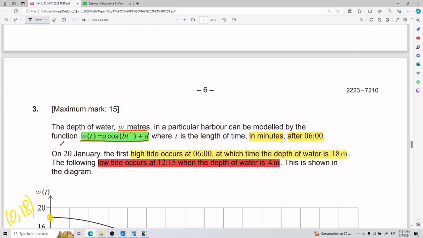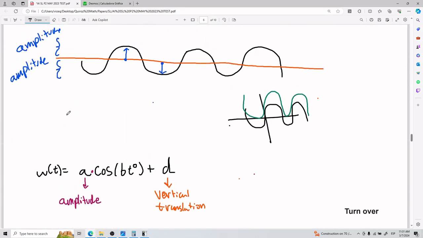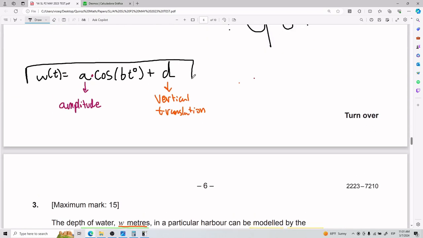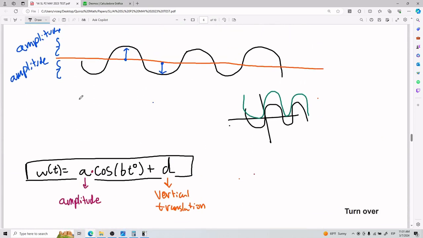So if I plug in this first point, (0, 18), into my function, you end up with 18 equals A times cosine of B times 0. So t is equal to 0 at this point, and B times 0, anything times 0, equals 0, so I end up with cosine 0.